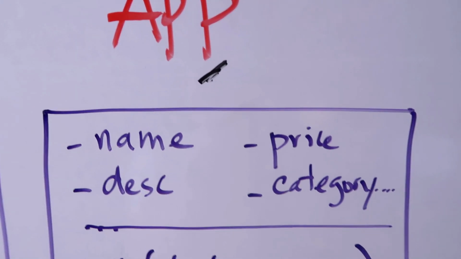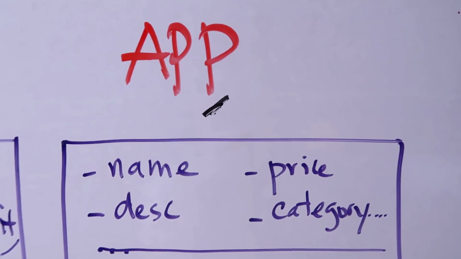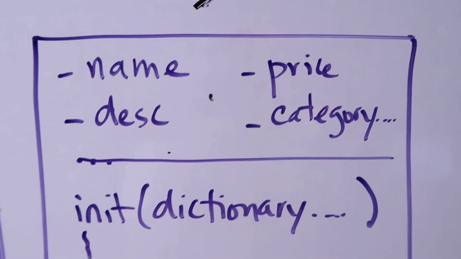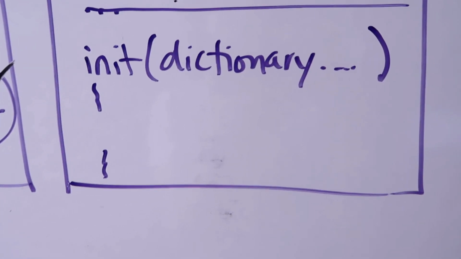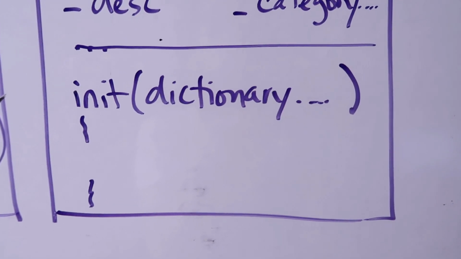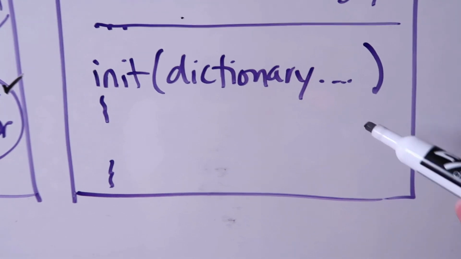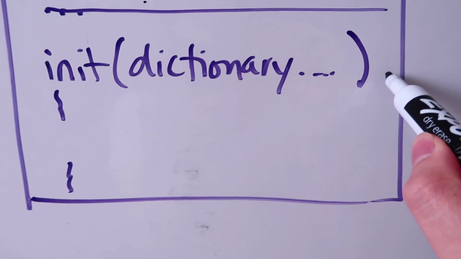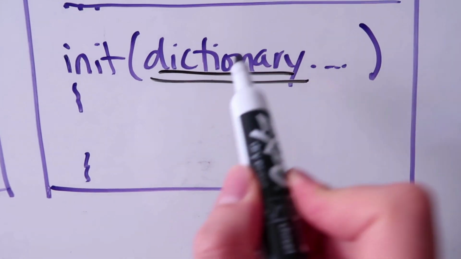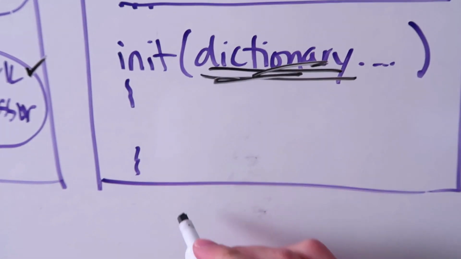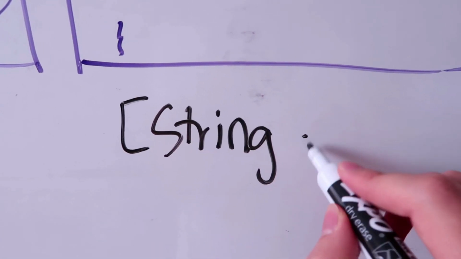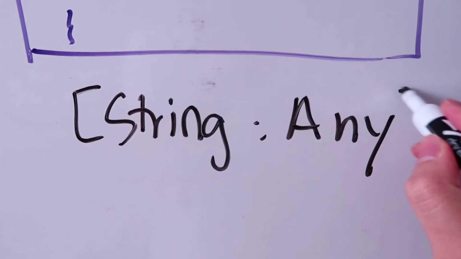So what does the class have? An app. What does an app have? It has the name, description, price, category, all of those things. And the most important thing is we need an initializer that gives us the ability to initialize an instance out of a dictionary. What is a dictionary? It is a string to any, right?